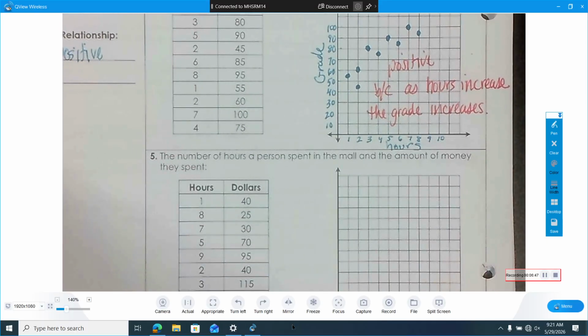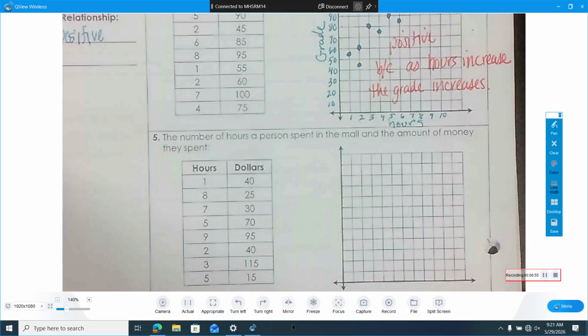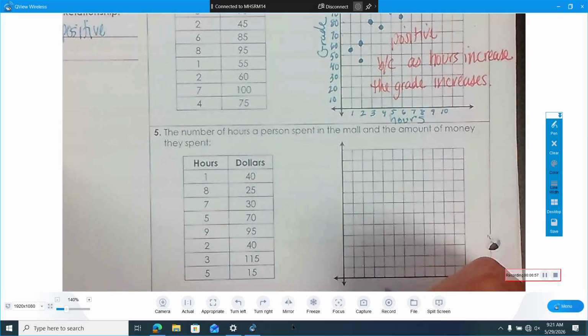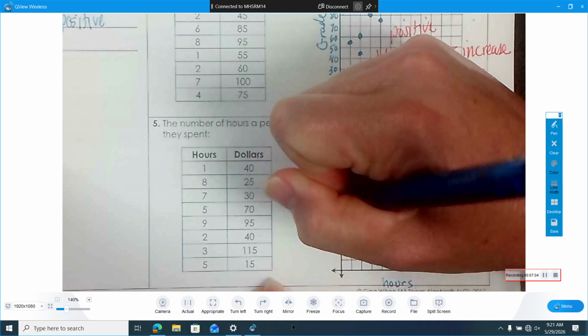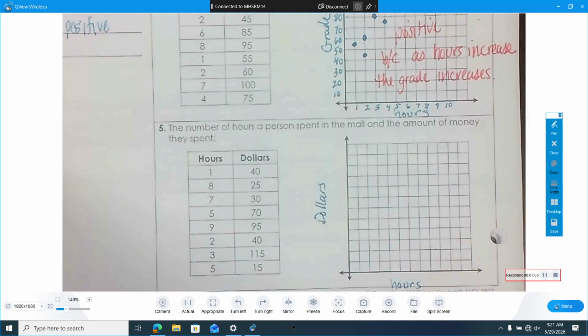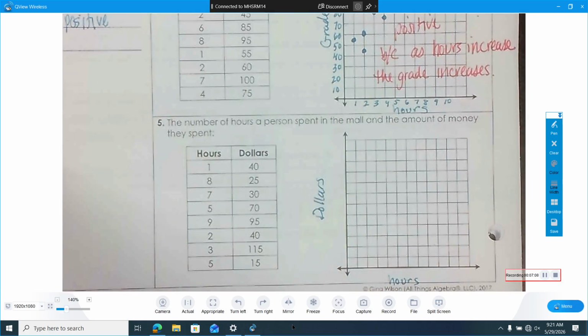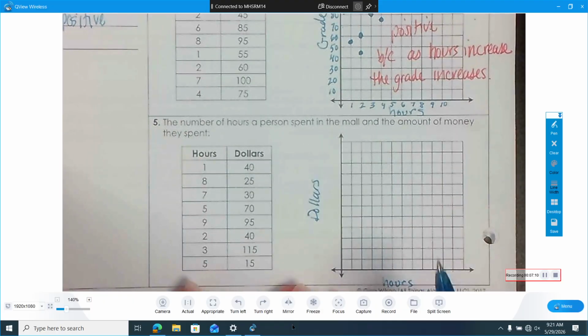Number 5, the number of hours a person spent in the mall, and the amount of money they spent. Once again, I'm going to put hours spent in the mall on the x-axis, and dollars spent on the y-axis. It looks like I'm just going to count 1, 2, 4, 6, 8, 10.